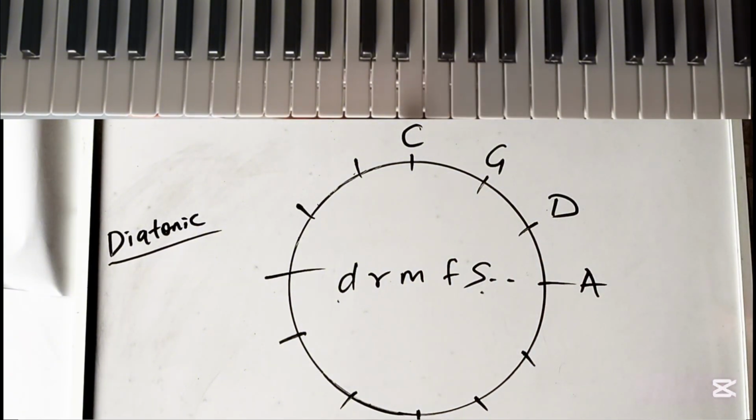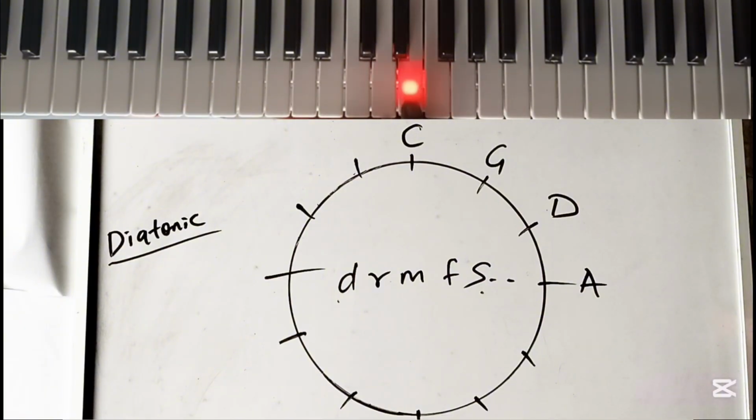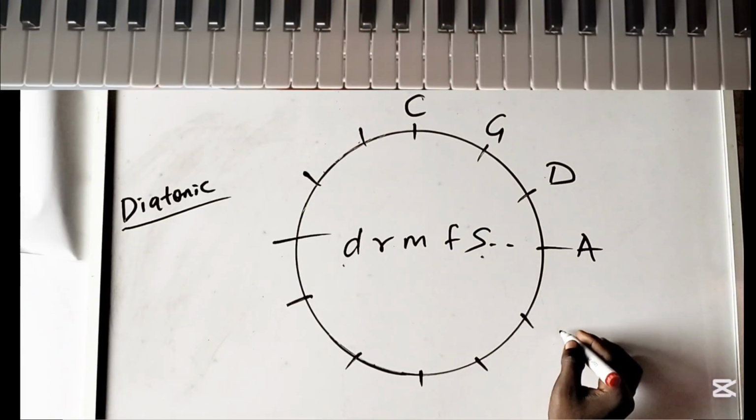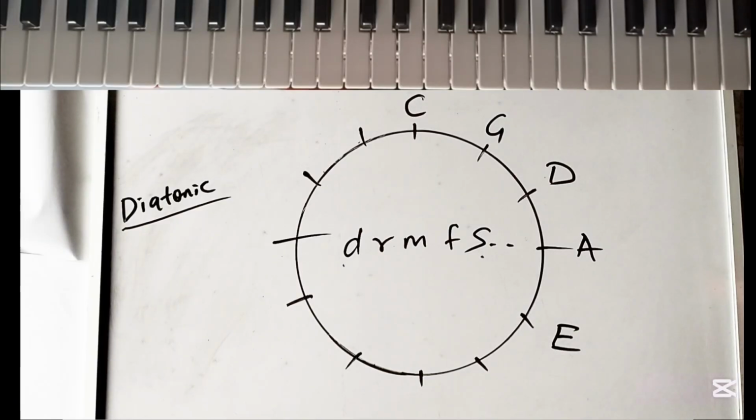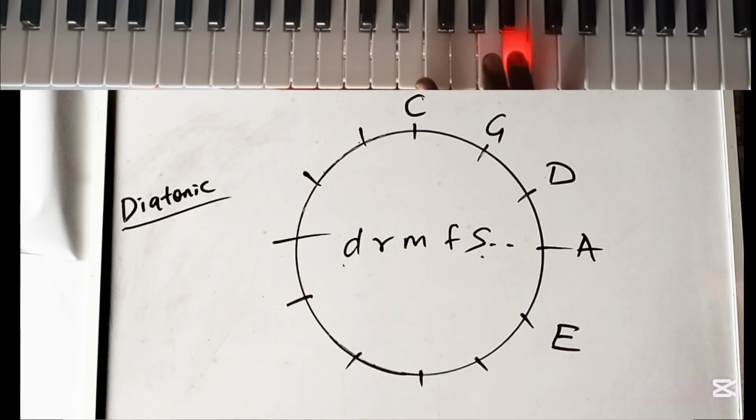The sol of A, if you count it now, this is A. Re, mi, fa, sol. So the sol of this is E. Do you understand it? So after E, the sol of E is what? Re, mi, fa, sol.